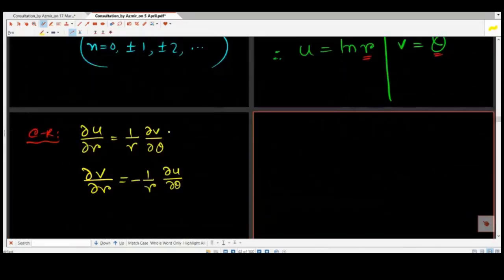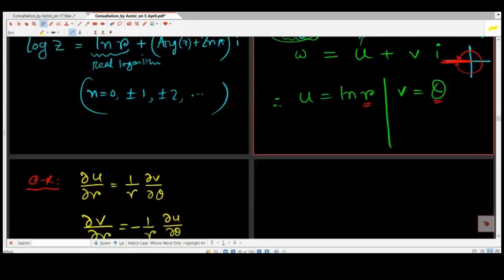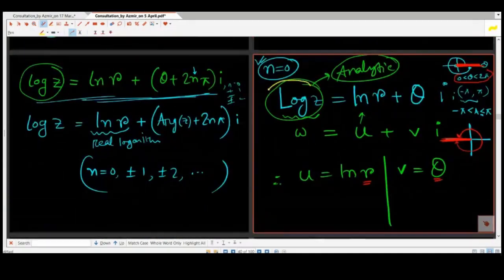If these two equations are satisfied, then only can we say this function f of z, or principal value of complex logarithm, or this w, is analytic.